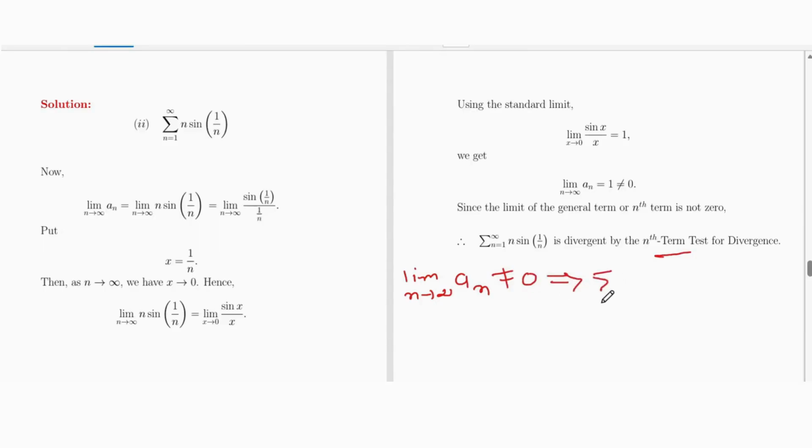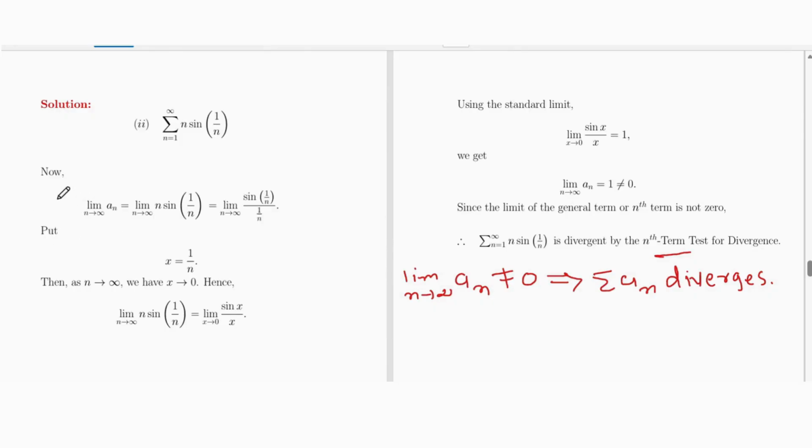The given series an diverges. Now use this test to find the convergence of this series.